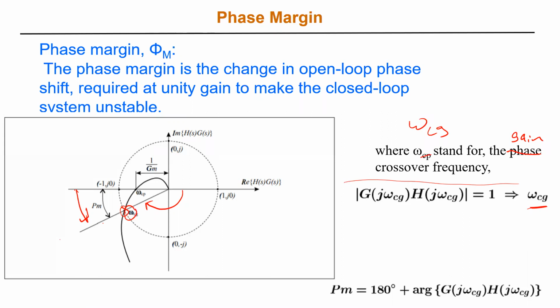We don't want just mathematical figures; we would like to have a sense of what we are doing. The phase margin is related to zeta, which means it's related to the percentage overshoot of the system. If zeta equals 0, you will have more oscillation.